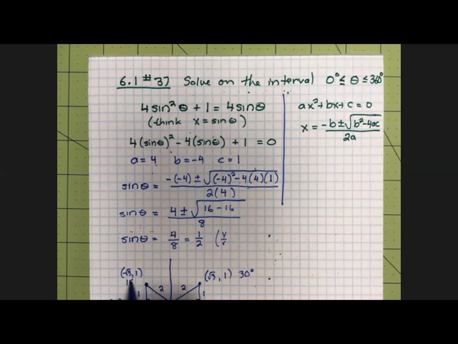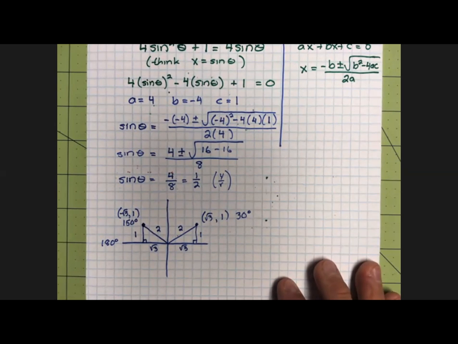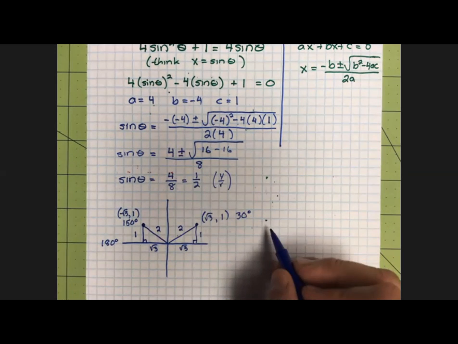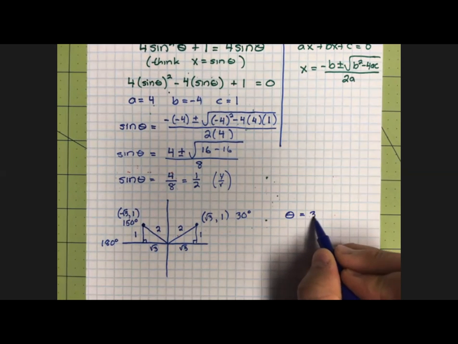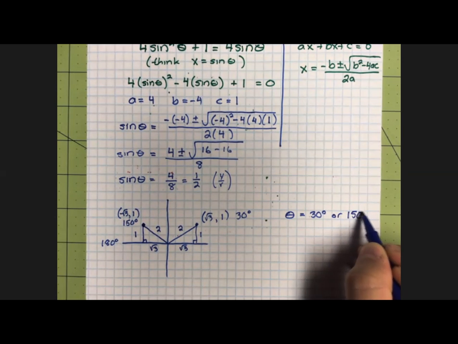So that makes it 150 degrees. So I was looking for some more excitement on this problem, sorry. I didn't need to use a calculator to do any approximation. Quadratic formula came out too sweet. So the answers are 30 degrees or 150 degrees.